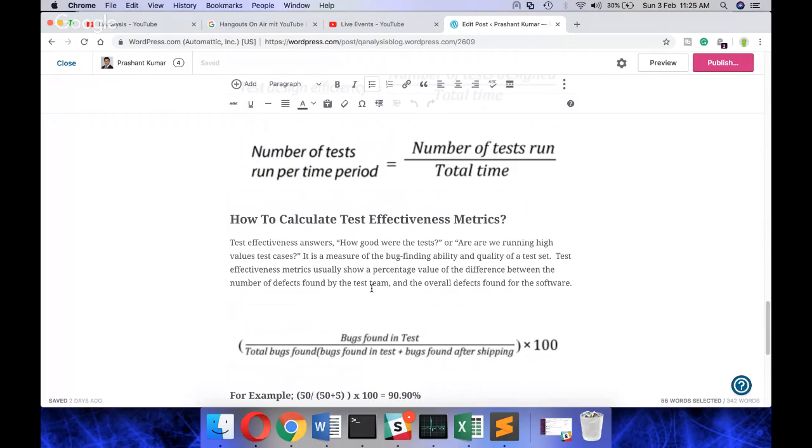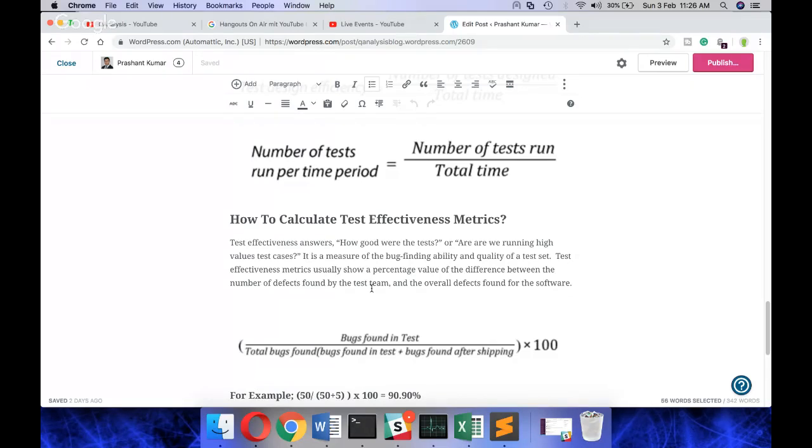So all those issues which have been identified while testing, maybe unit, integration or regression testing or whatsoever, the total number of bugs identified by a testing team while testing a product, is divided by the total number of bugs found in test by testers plus the bugs found after shipping. So let's say 15 days or 2 weeks or 4 weeks, it depends on the company and their SLA.